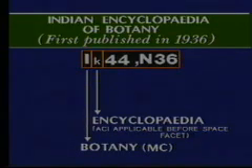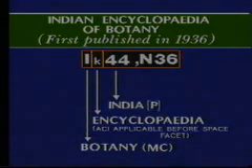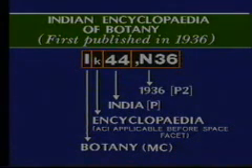Let us come back to our example. After small k, 44 stands for India, which is P. This represents geographical area, and N36 stands for 1936, which is P2. This represents year of epoch.